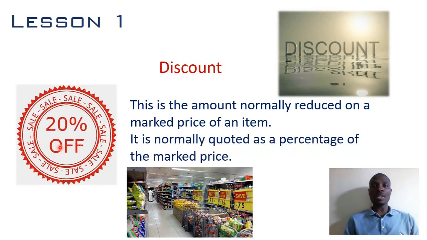When I talk of discount, I simply mean, for example, if you were to purchase a television set and you go to the shop and you find that the television set costs 800,000, and then the seller tells you that I'm going to reduce the amount for you.